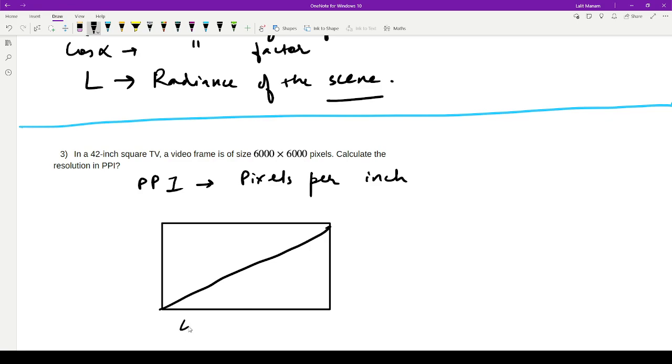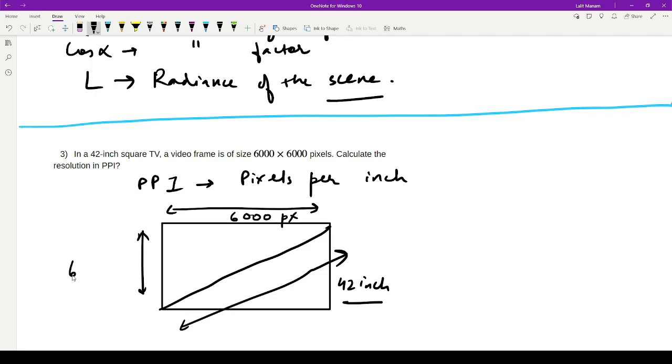This distance is what is given to you as 42 inch. Given this 42-inch distance, how do you get pixels per inch? This is 6,000 pixels, and of course, for our case, it's a square TV, and this is also 6,000. So how do you measure pixels per inch now?